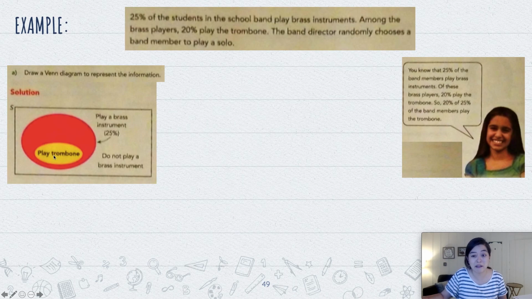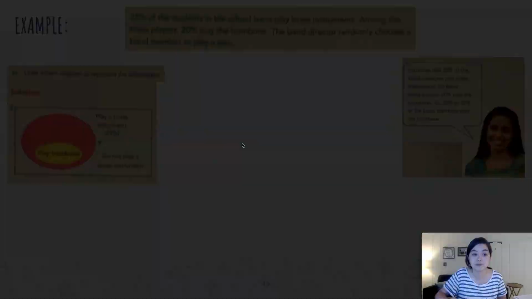I know it's 20% out of the 25, but I don't know the percent yet. And inside this sample space, but outside of the red circle, are those who do not play a brass instrument, which is the complement of playing a brass instrument.